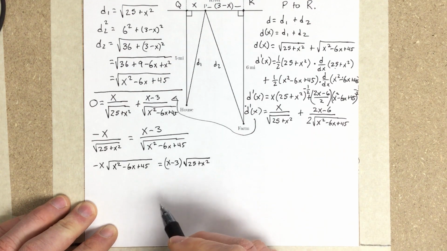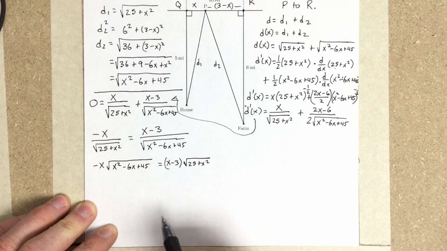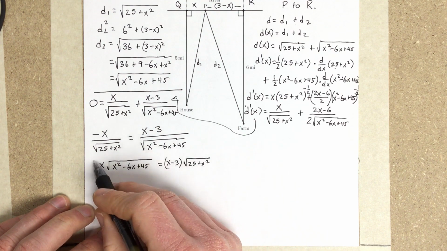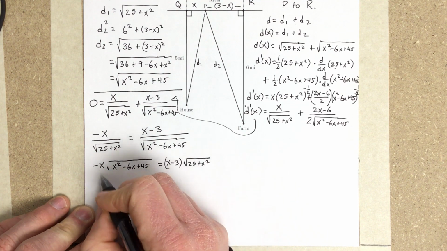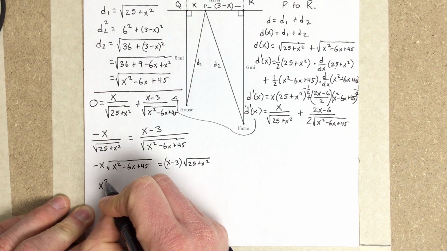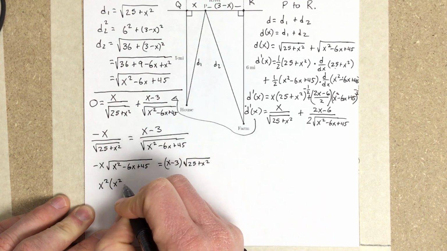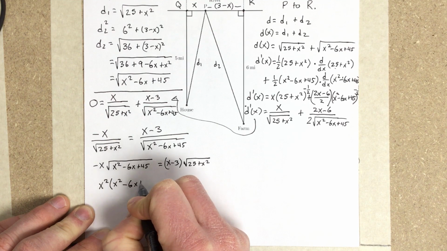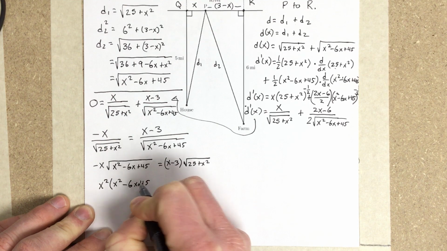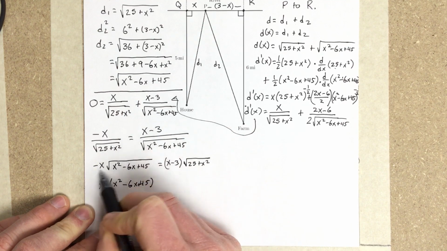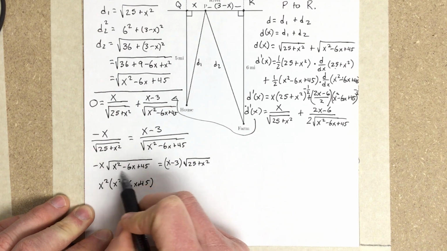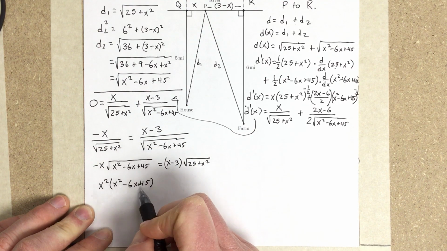Then we're going to square each side to get rid of the square roots. When I square the left side, I'm going to end up with x squared times x squared minus 6x plus 45, because when you square the negative x, you get x squared, and squaring a radical cancels it out.